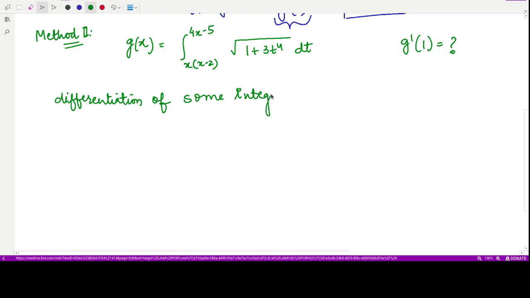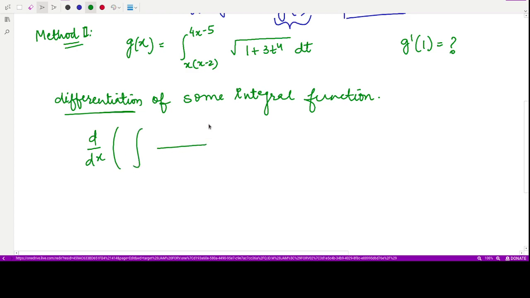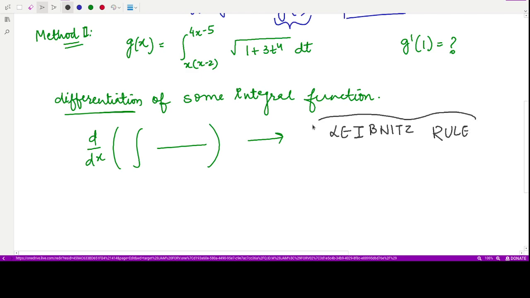Whenever you are to take the derivative of some integral function, suppose d dx of some integral over here, we have the so-called Leibniz rule.